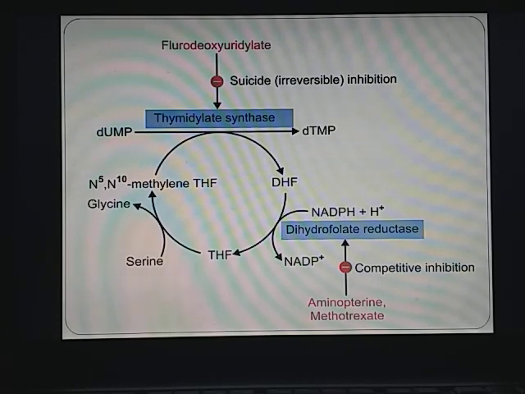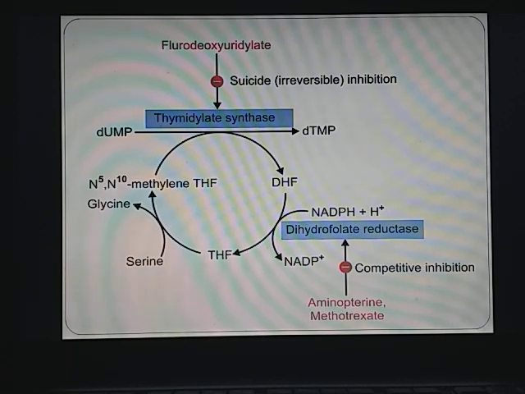Competitive inhibition is a type of reversible inhibition where the inhibitor binds to the enzyme at the active site in competition with the substrate. Here aminopterin and methotrexate compete to bind the active site of dihydrofolate reductase. The competition is between the substrate dihydrofolate and aminopterin and methotrexate to bind the active site of the enzyme dihydrofolate reductase.